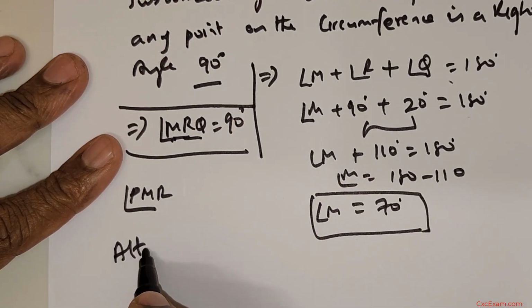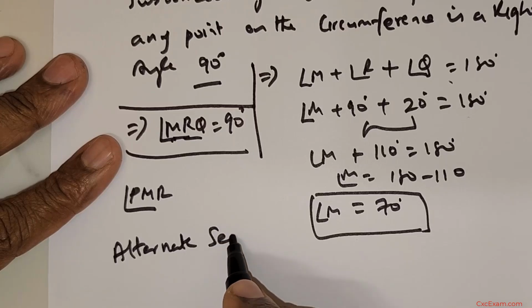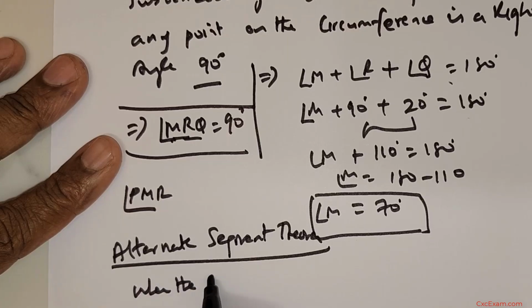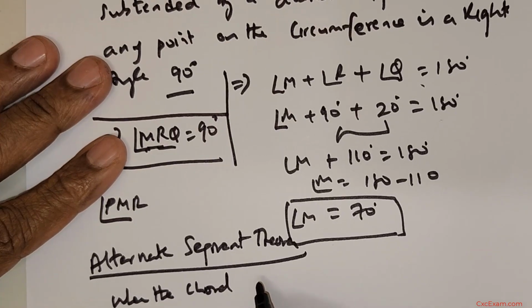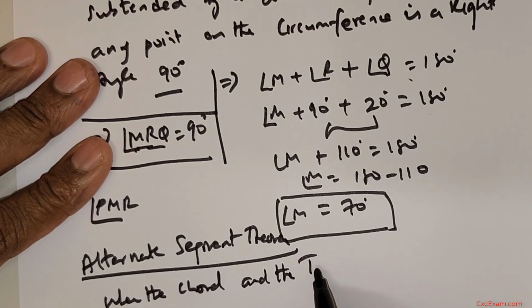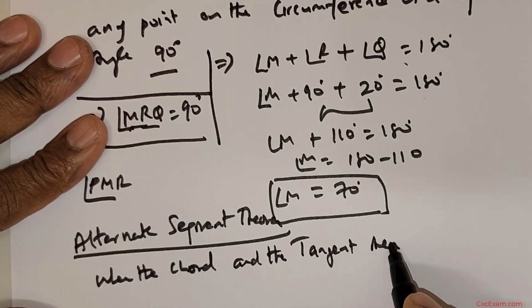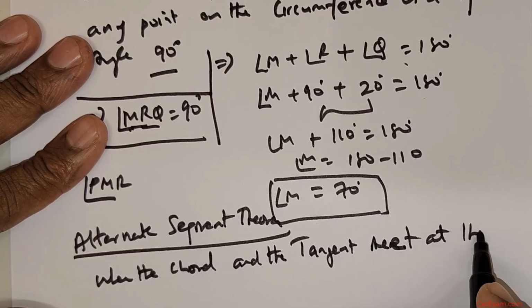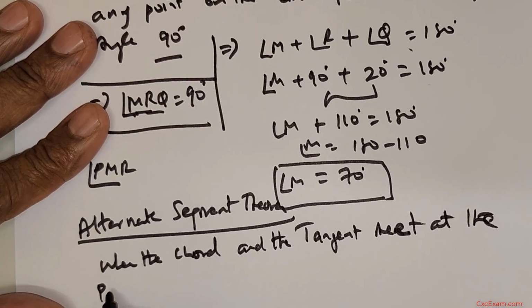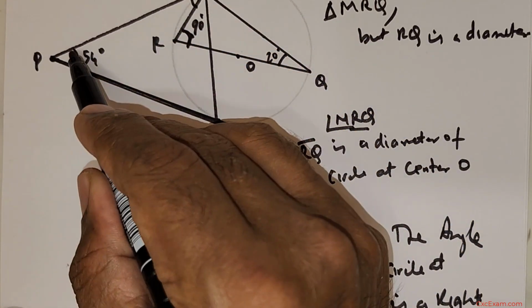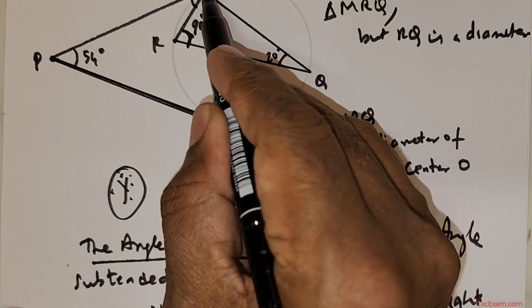This is called the alternate segment theorem. When the chord and the tangent meet at the point of contact, when we talk about point of contact, we are talking about the point of contact made by PM with the circle. So it's a point of tangency.